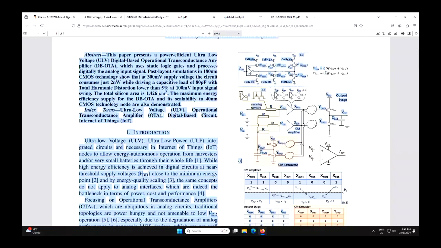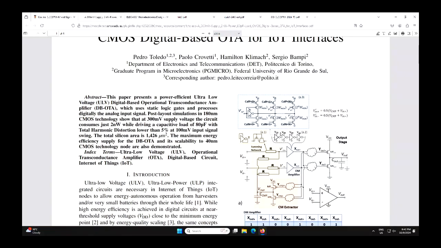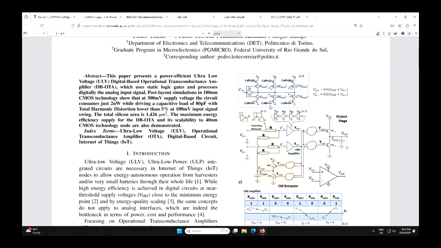You can see Vin is here, and you can see VCMP here. I think this is a negative feedback to calibrate the VCMP and make the system stable. And you can see the differential here.